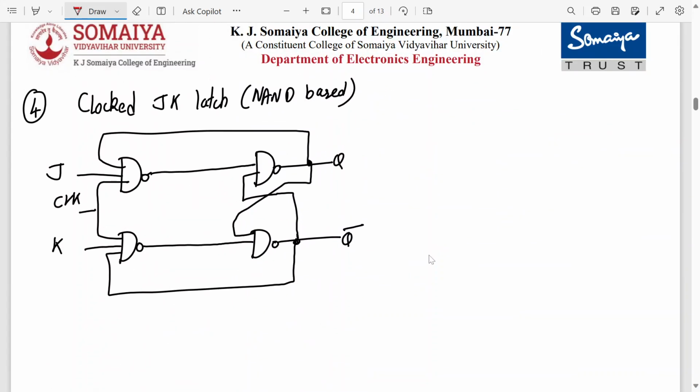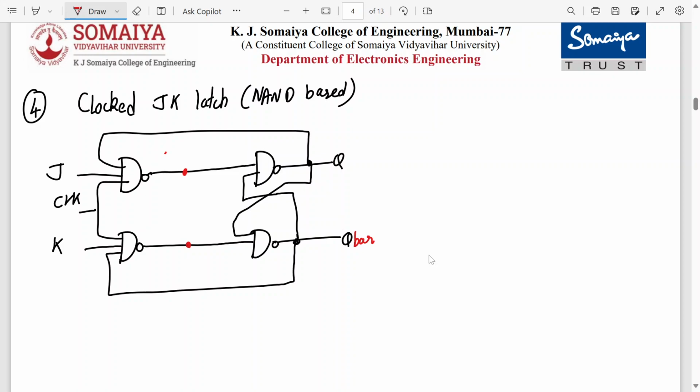Now tell me the equation over here and here. Output of first NAND gate, what it will be? Help me out in writing this. Sir, it's clock dot J dot Q the whole bar for the first one.